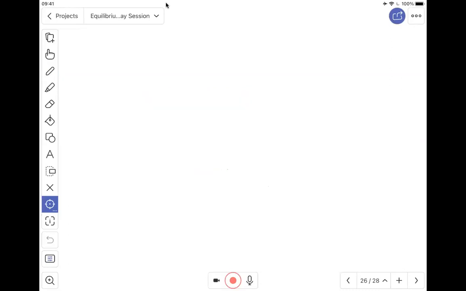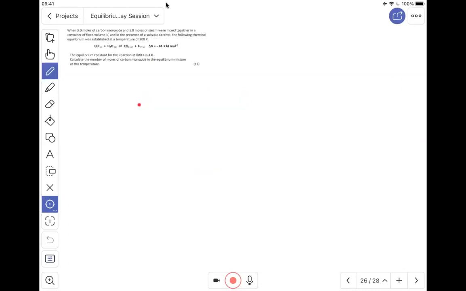So let's have a look at that. The first thing I would always do in a question like this is write down my Kc formula expression. So Kc is equal to CO2 to the power of 1 by H2 to the power of 1. That's my products, and I divide that by my reactants, CO to the power of 1 and H2O to the power of 1.